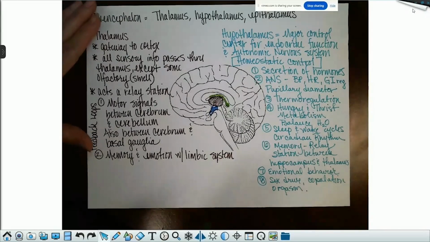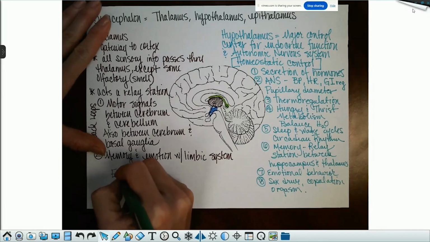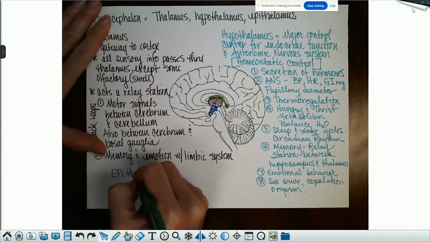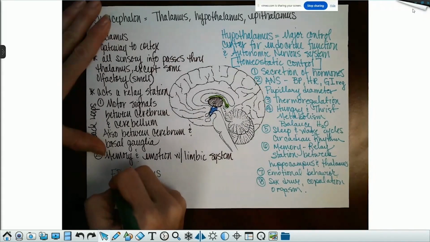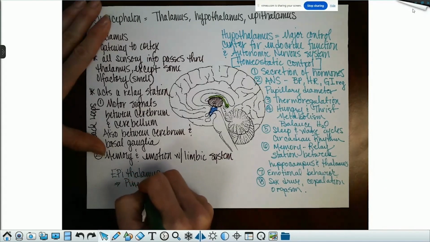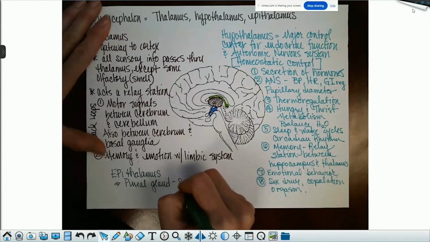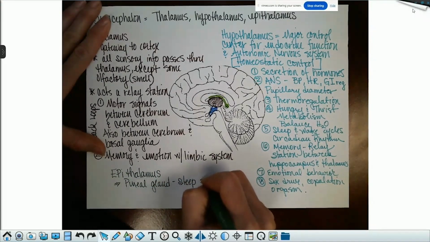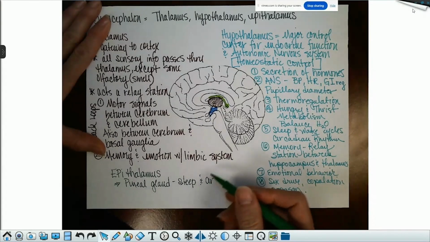All right, let's look at our last structure here, which is the epithalamus. Little tiny structure, and part of that is the pineal gland. The pineal gland is involved in your sleep and arousal. So very much connected with the hypothalamus.